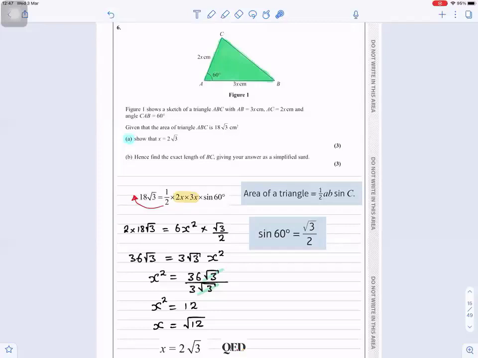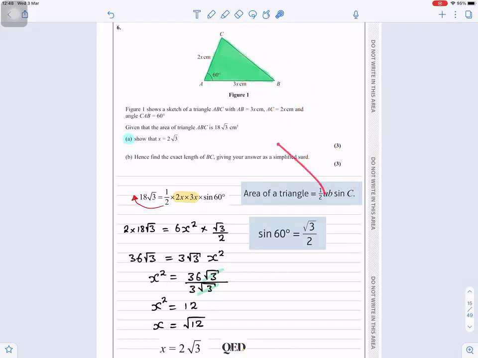Question number 6. Figure 1 shows a sketch of a triangle ABC with AB is 3x, AC is 2x, and the angle CAB is 60. Show that x is equal to 2 root 3. We want to use this formula for the area of a triangle, half ab sine C. a is one of the sides, b is the other side, and C is the angle in between.